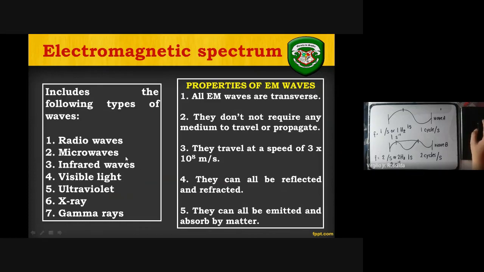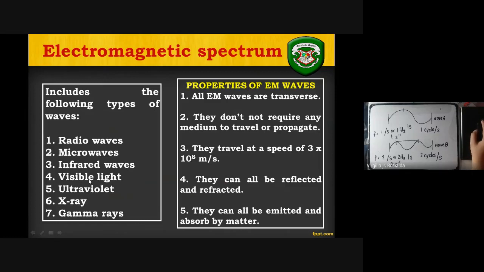So, yung infrared waves, ginagamit ito sometimes sa thermal scanner. Okay, sa mga airport, ginagamit yan. Scanner din sa engineering, pwede din yan. Ginagamit din siya normally sa remote controller natin sa bahay. So, it uses infrared waves.